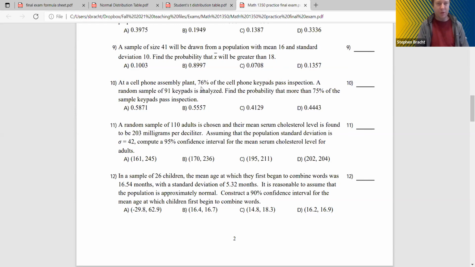The population proportion is the 76%, right? And we're trying to find the probability that the sample proportion is greater than 75% or 0.75. Okay. So the central limit theorem for a proportion says this. It says that the mean of the sampling distribution is equal to the population proportion, which is equal to 0.76.